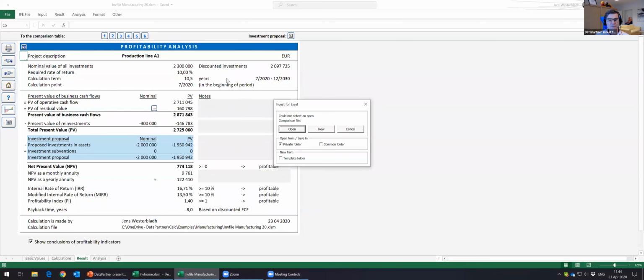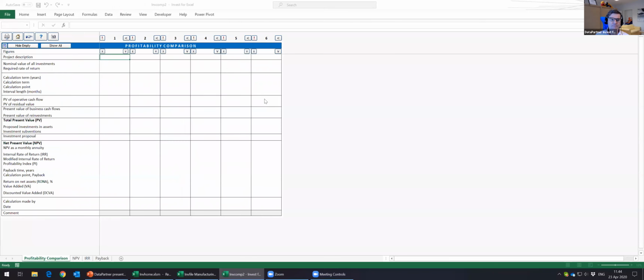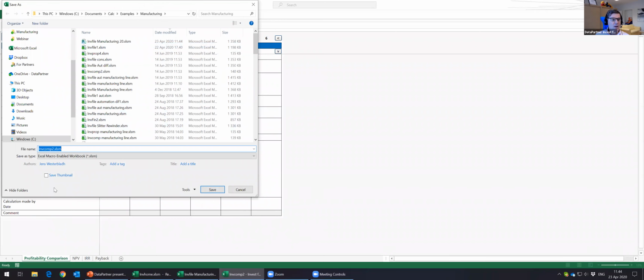So I press put on 1, and it says there is no open comparison file and offers to open one, but actually we want to create a new one. Create a new one. And it offers to save it with the name InComp, investment comparison. Well, okay, let's give that name.